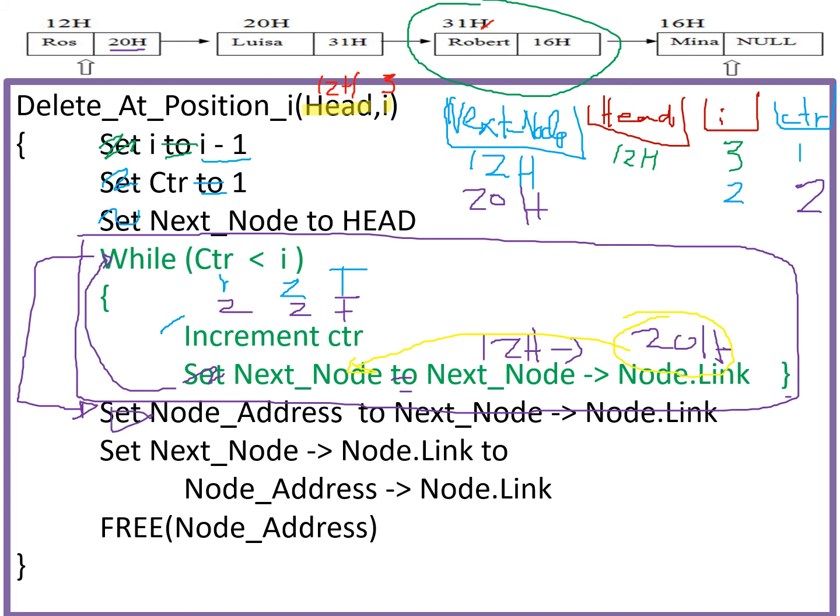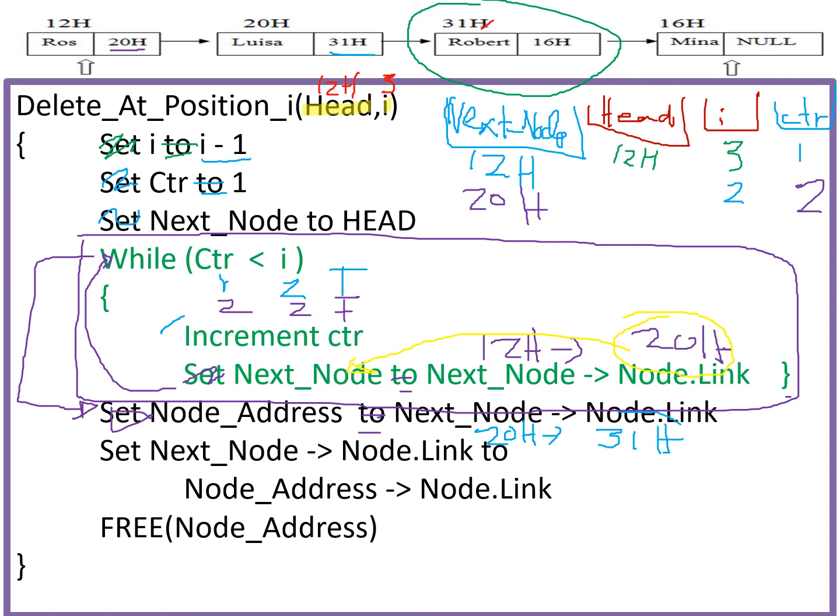Set node address to next node referencing to node.link. Okay? So, next node is 20H. Referencing to node.link, 20H referencing to node.link is 31H.